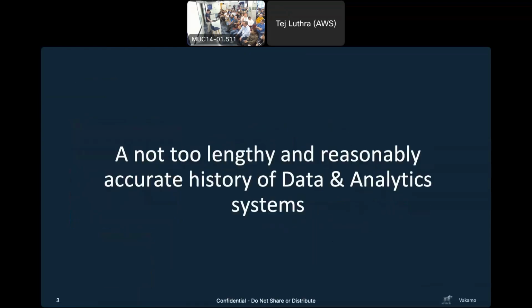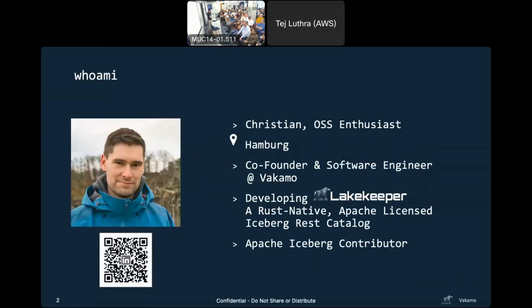First, a quick introduction of myself. My name is Christian. I live in Hamburg. I came down here mainly for this meetup. I'm a software engineer first and foremost, so I develop Rust code. What I currently spend most of my time on is Lakekeeper. I'll talk a little bit later about what Lakekeeper is, and why you need a catalog in a lakehouse.